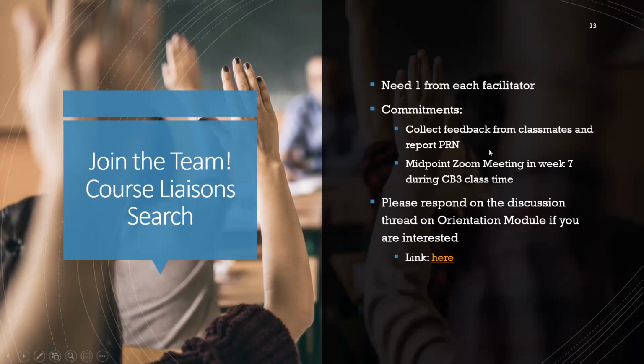The commitment is just to be the ears and eyes for your classmates if they have any recommendations or feedback about the class, or even complaints. You can make it anonymous; you don't have to report the name to me or anything like that. I won't be judgmental. I love getting feedback, and this is how we can make the course better for everybody, not just for the facilitators, but also for the students.